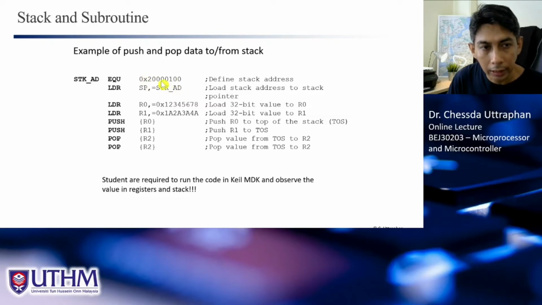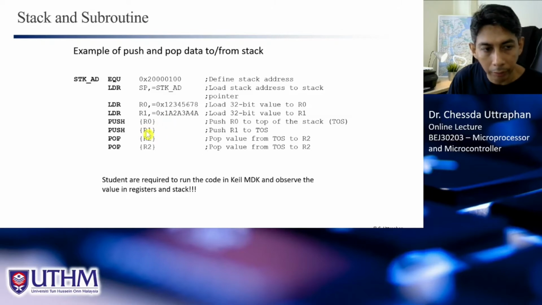So this is the stack address, and for example, this is the data that we want to save in the stack, and the data is in R0 and R1, right? To push the data into the stack, we just use PUSH {R0}, so the content of R0 will go to the stack, and PUSH {R1}, the content of R1 will go to the stack at the top.